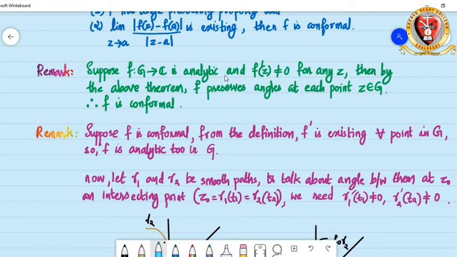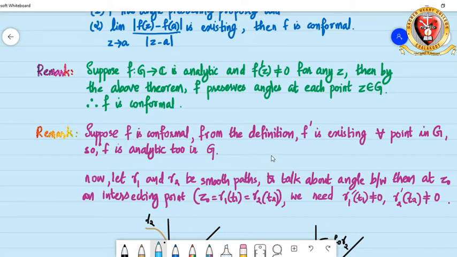So we assume f is analytic, which is the hypothesis of theorem 3.1. Then f will definitely preserve angles at each point, and the two properties are satisfied. That means f is conformal.